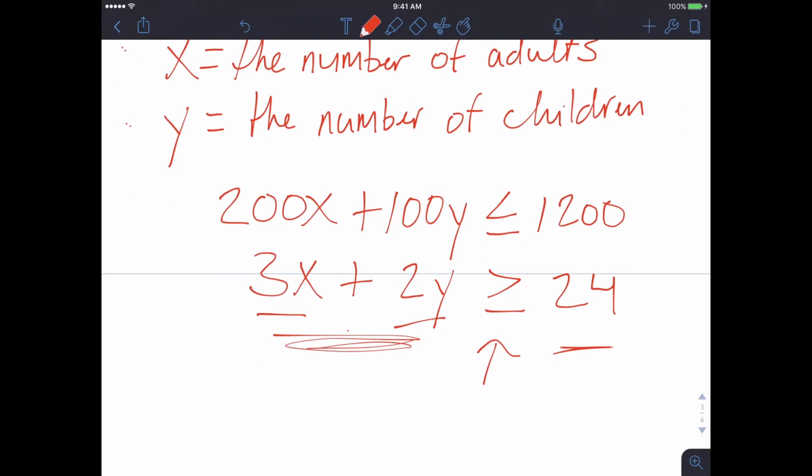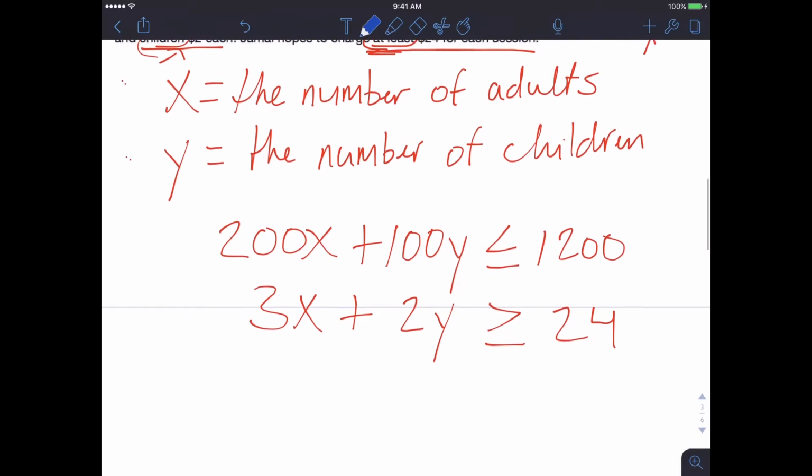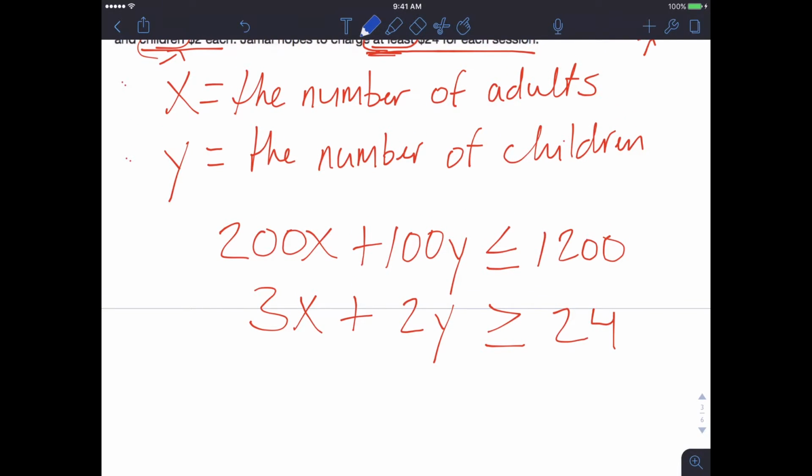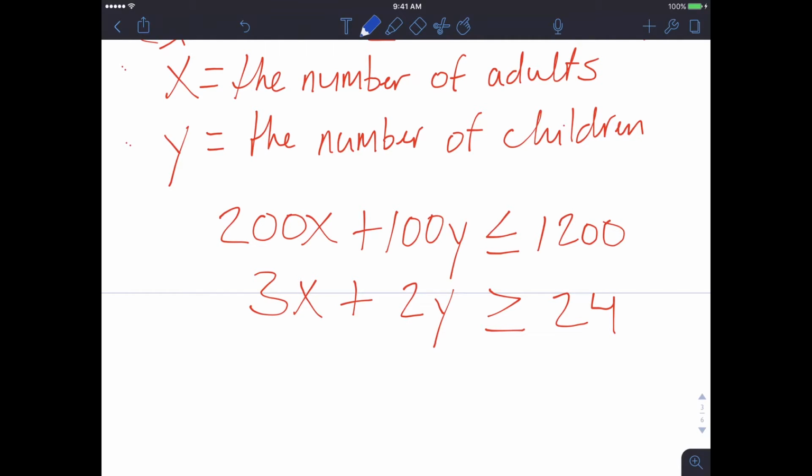If I tell you you have to pick at least 5 oranges, then what's the minimum amount of oranges that you need to pick? 5. But you can pick more, but you need to have at least 5. And that's what this says when you're reading the question. At least 24 for each session. That's greater than or equal to. Okay? Let me erase this.